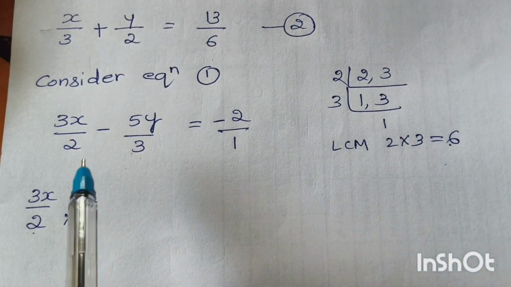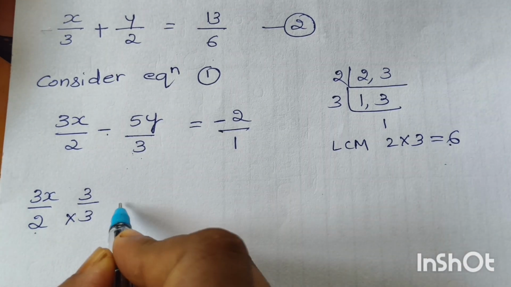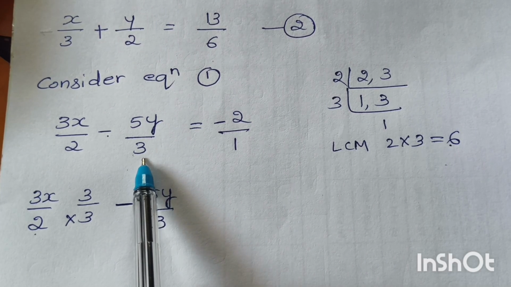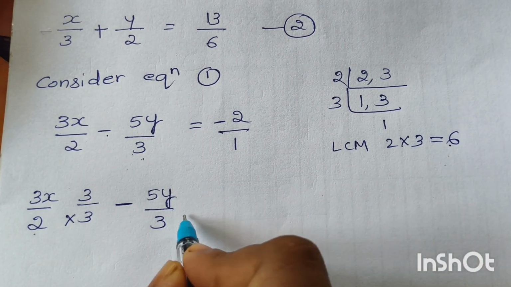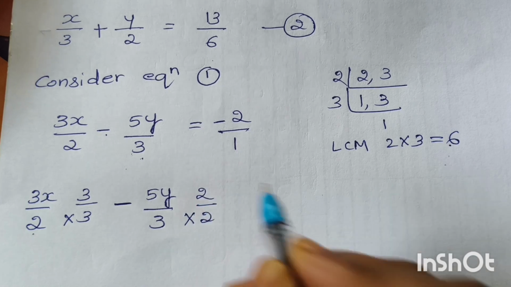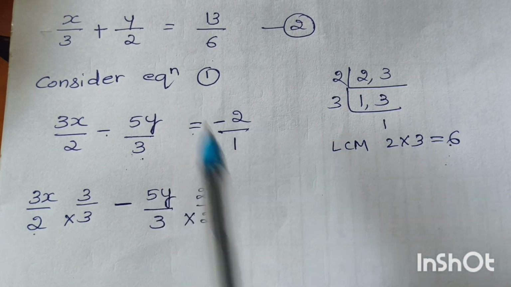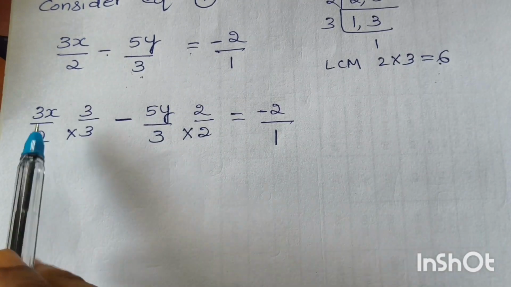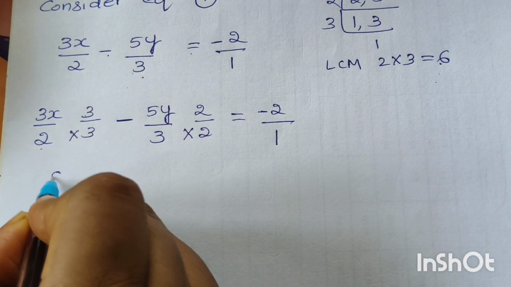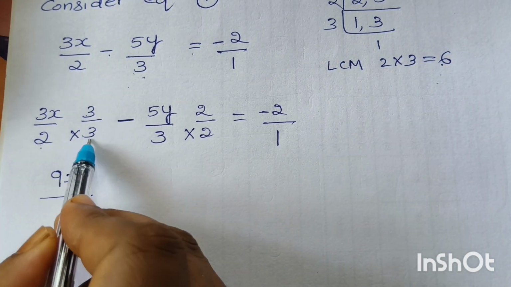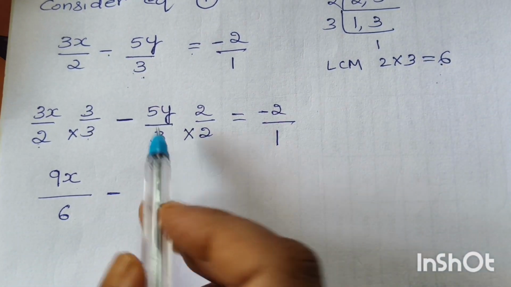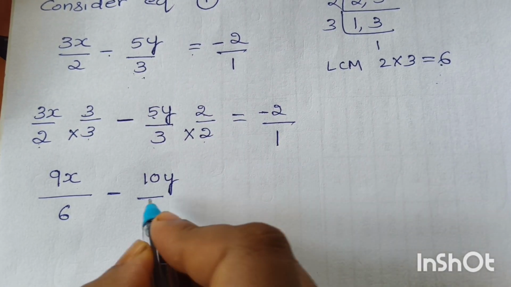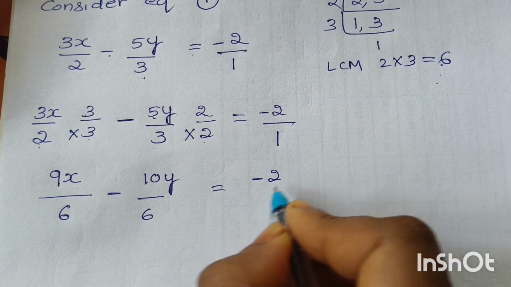Okay. Then for this minus, let me write minus 5y by 3. To make this denominator 3 as 6, we have to multiply 2 both to the numerator and to the denominator, is equal to minus 2 by 1. Now 3x into 3 is what? 9x. 2 3s are 6 minus 5 2s are 10 y divided by 3 2s are 6 is equal to minus 2 by 1.